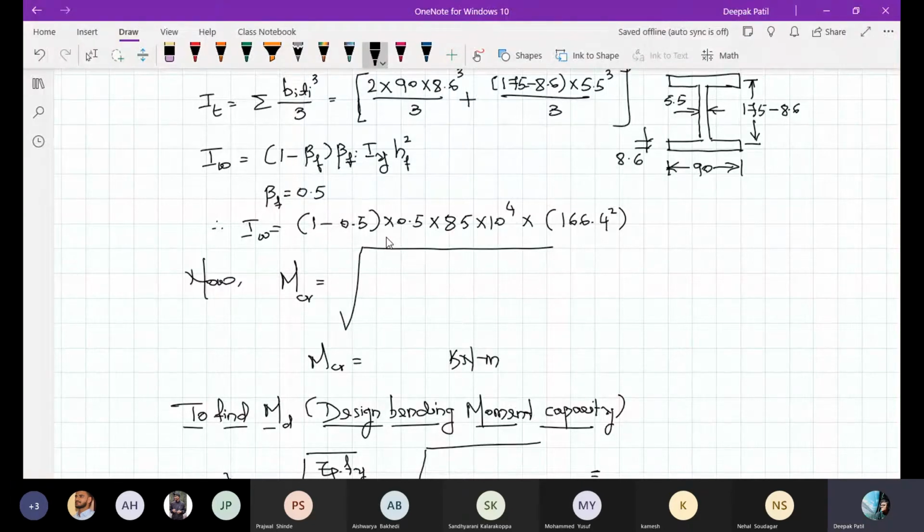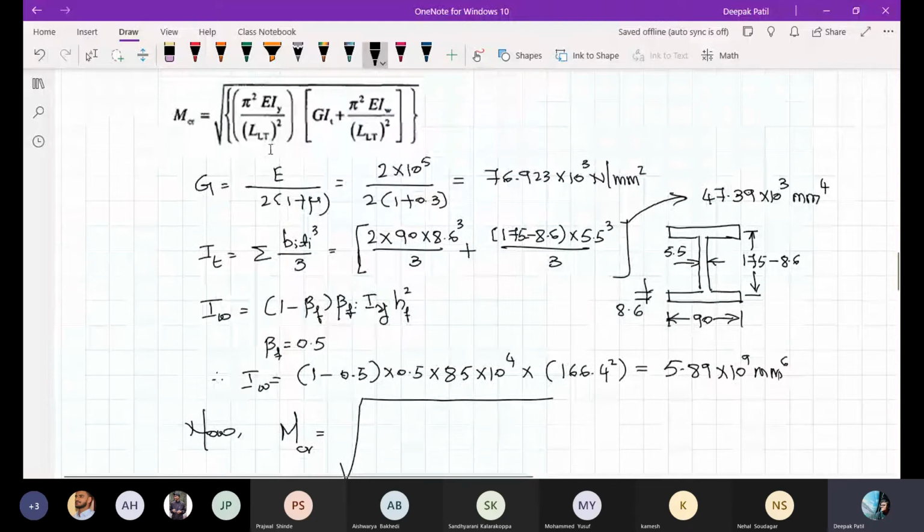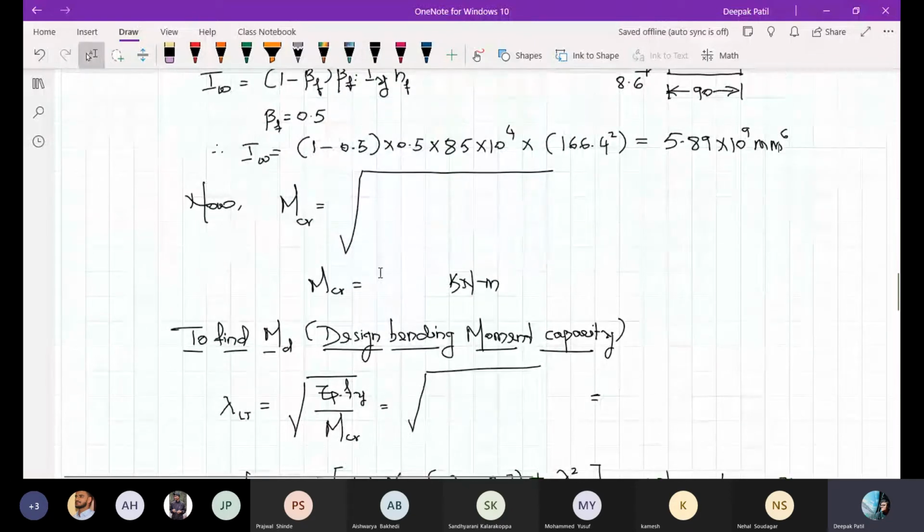So this will give me the warping constant, which comes out to be 5.89 into 10 raised to 9 mm raised to 6. This is the warping constant. So now I know all the parameters inside this square root. I can substitute all of them and I can get the value of Mcr. So let us do that.